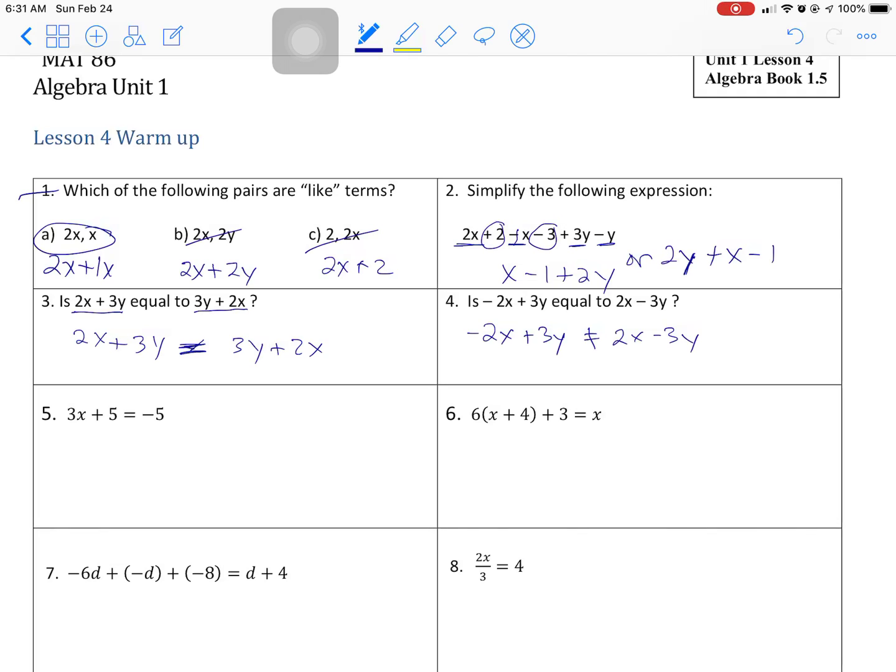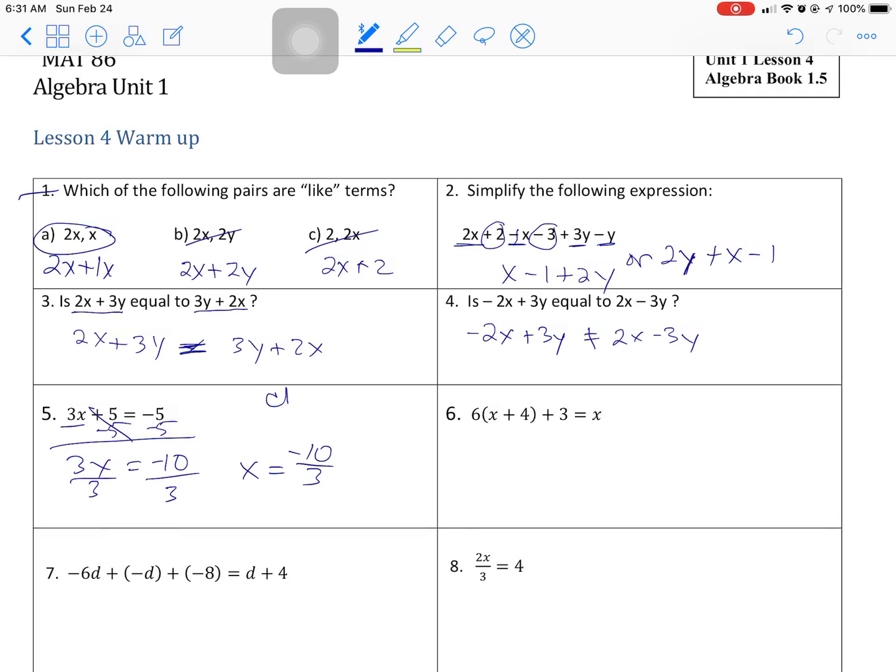All right, and this one should say solve. Sorry for the lack of instructions. So let's see, there's my variable, so that means I'm moving this to the other side. So 3x equals negative 10. Isolate my x, so x equals negative 10 over 3.